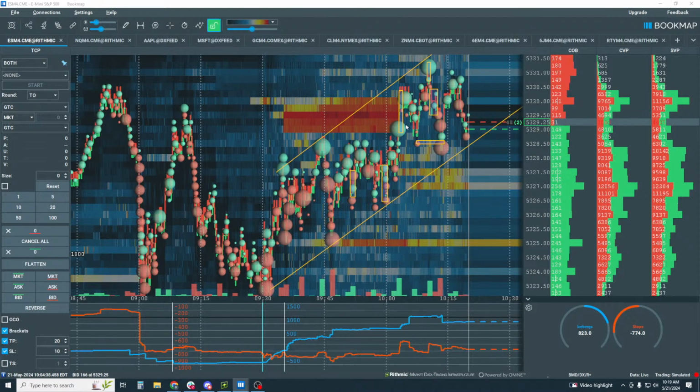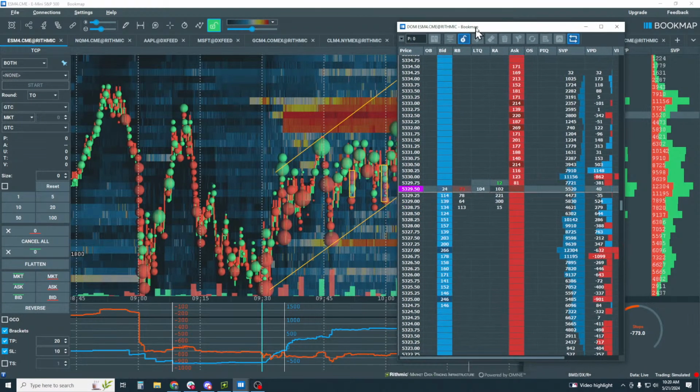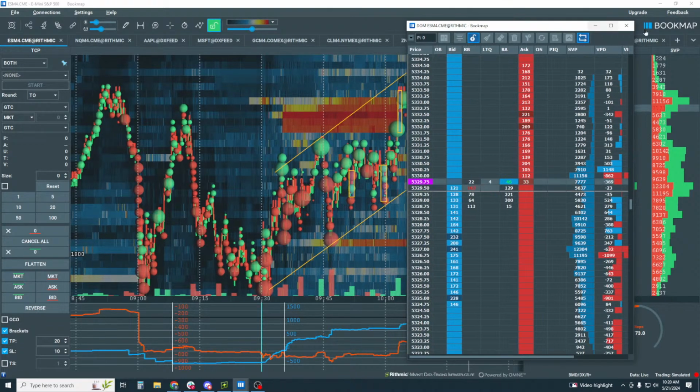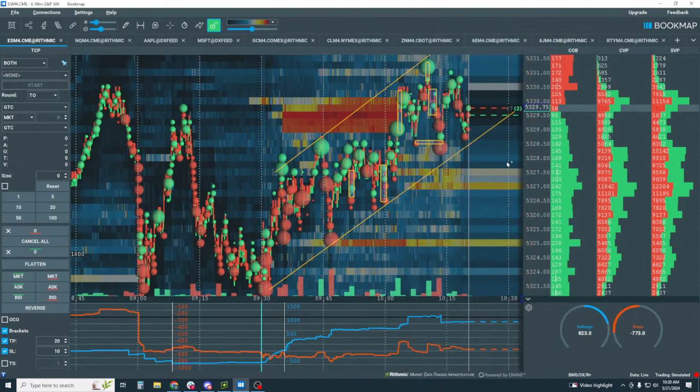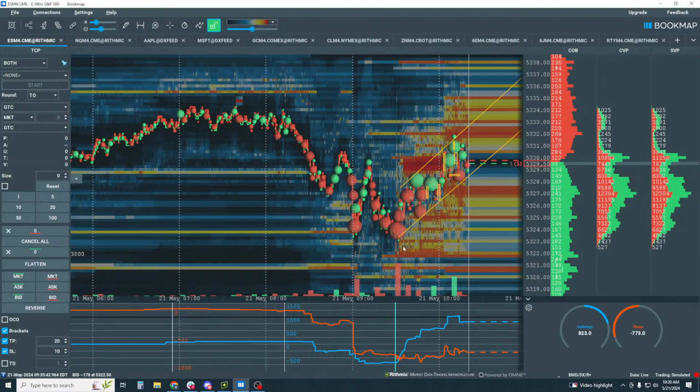Did they stay in the book? Did they transact? We can answer these questions by looking historically right on the chart. You cannot get that from the dome. And this context is golden, being able to understand that. All right, so anyway, that's what Bookmap is showing in general.